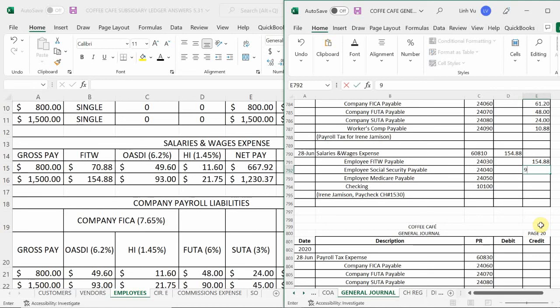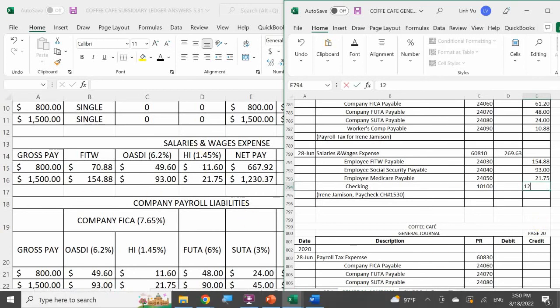Okay, Social Security, $93. And the Medicare, $21.75. Okay, and how much is going to be his paycheck for? $1,230.37. That should give you a grand total of $1,500 for salaries and wages expense.